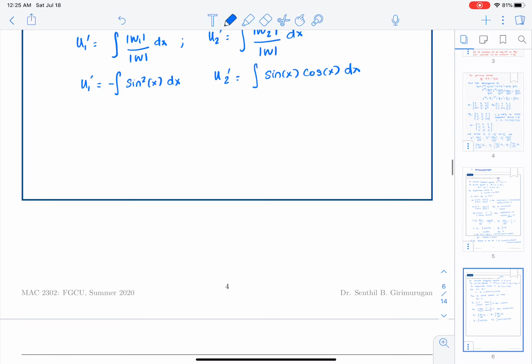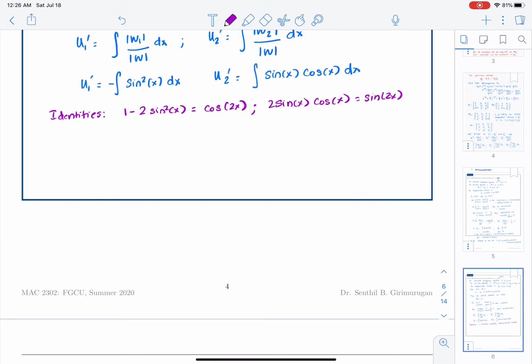Using the trigonometric identities, one minus 2 sine squared x is cosine 2x, and 2 sine x cosine x is sine 2x.